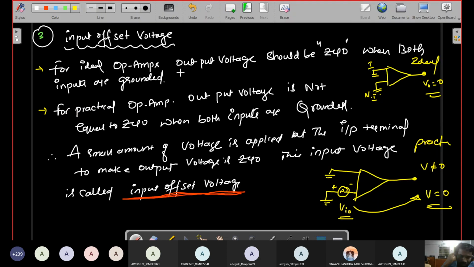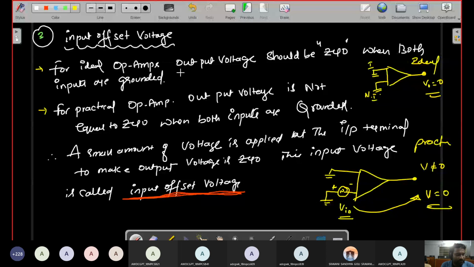Right. So we'll move to the next. Today I think time is over. Tomorrow in class I'll explain the other three definitions. Three definitions are now completed, and there are three more definitions. After completing the definitions, I will tell you the practical and theoretical characteristics of operational amplifiers.